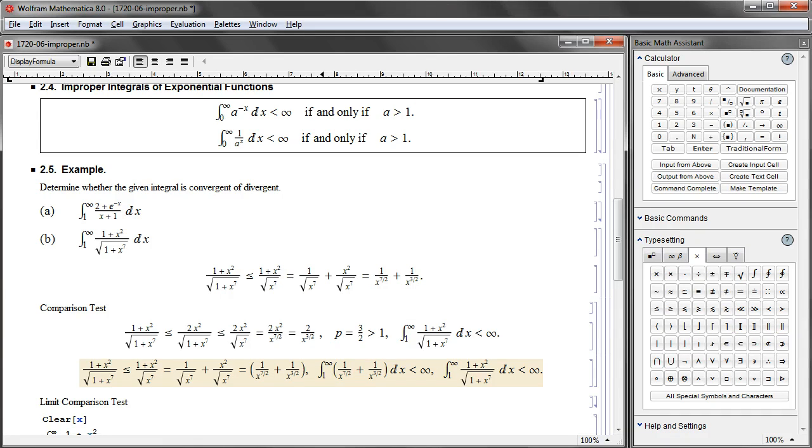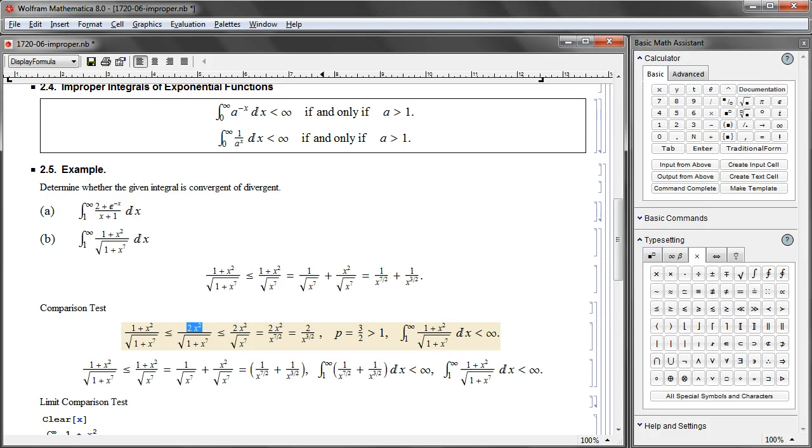It's difficult, isn't it? We got something simple, yes, but then again, this decomposition. Another way to handle that is this one. The first solution: 1 plus x squared is less than or equal to 2x squared when x is sufficiently large, greater than 2. And then work out from here, and then we have 2 over x to the 3/2 power.